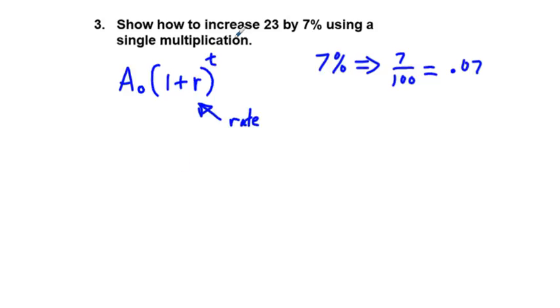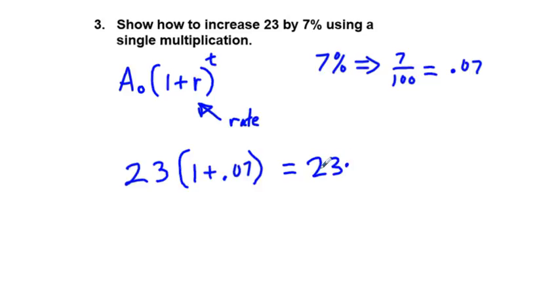And so using the formula here, we have A sub 0, which is our starting amount, which is 23, times 1 plus our rate, which is 0.07, to the power of t. Well, t will be just 1, so I don't even put an exponent there. So our answer is going to be 23 times the sum of 1 and 0.07. So 23 times 1.07. That will be our answer to problem number 3.